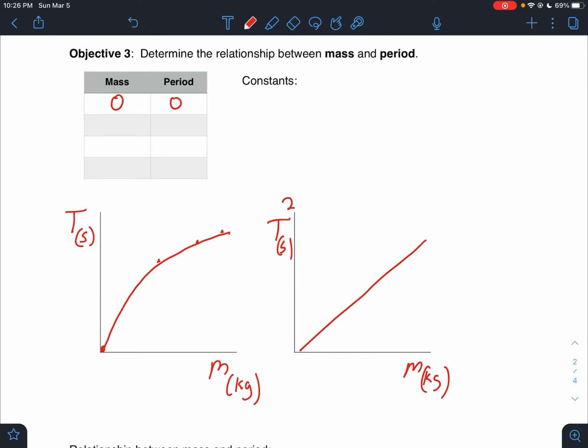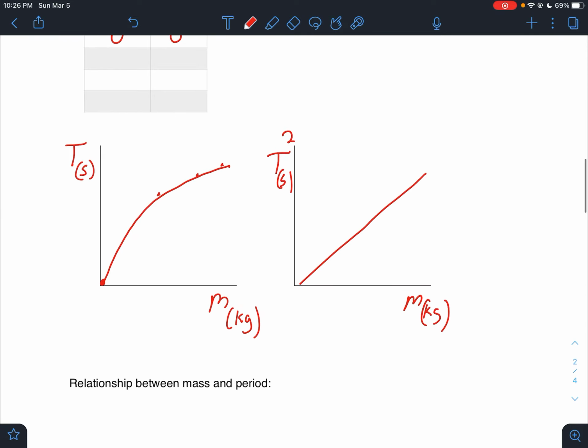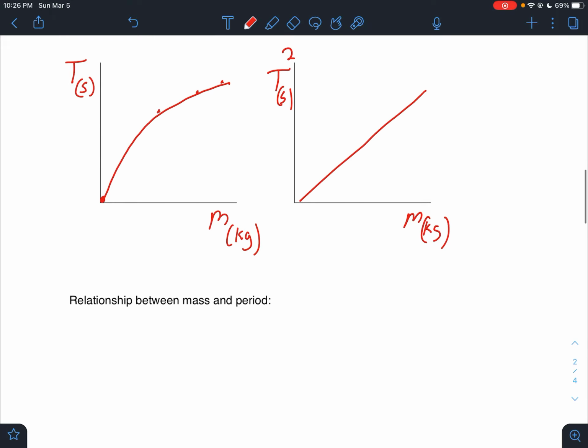So looking at the slope, rise over run, really we don't know what that is, a second squared per kilogram. What we're really looking at here is the relationship between the mass, not the number, or discovering what the slope represents. So all we can say is that period squared is proportional to mass.